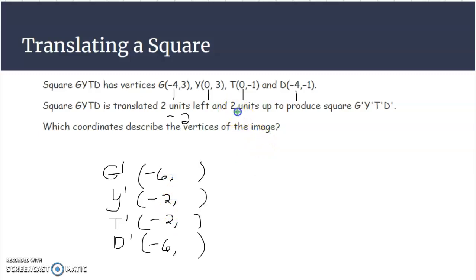The 2 units up, that refers to the y coordinates, and the fact that we are going up means we are adding 2 to each of the y coordinates. So for G, 3 plus 2 gives us 5.